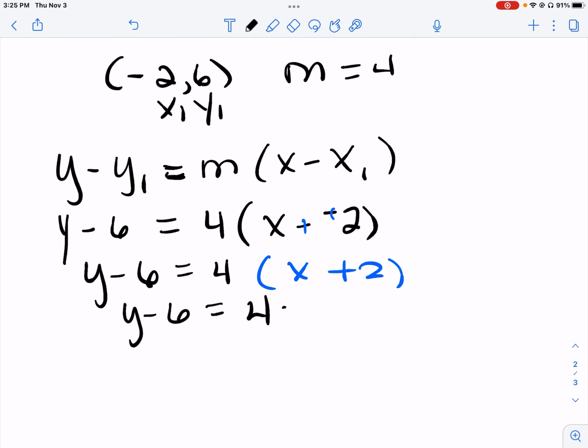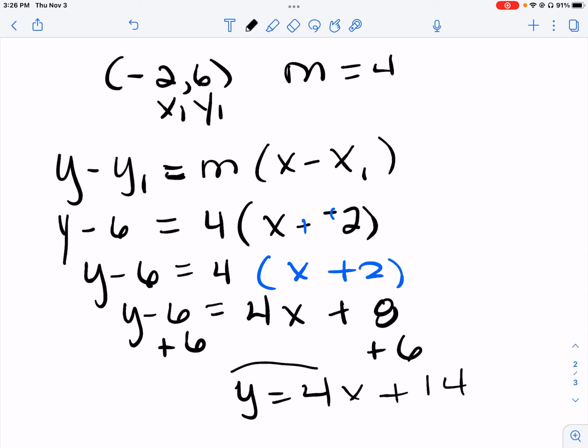Distribute the 4. Add 6. And that is our equation in slope-intercept form.